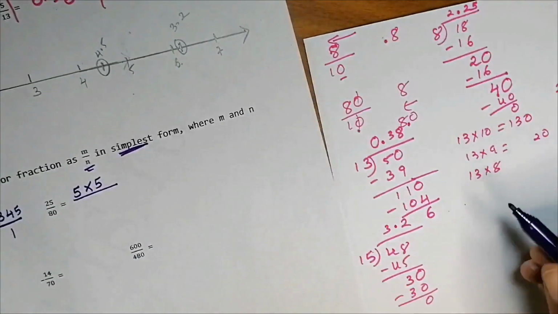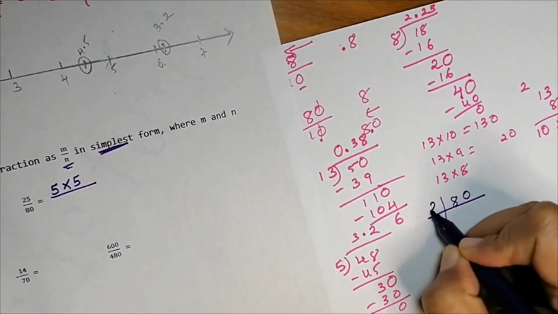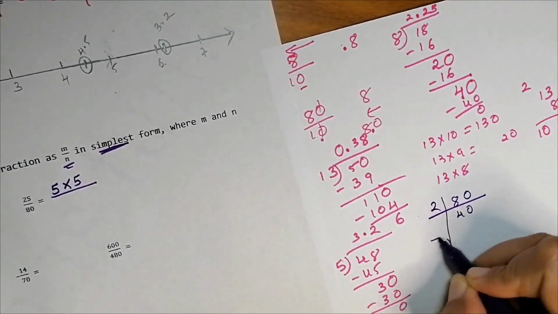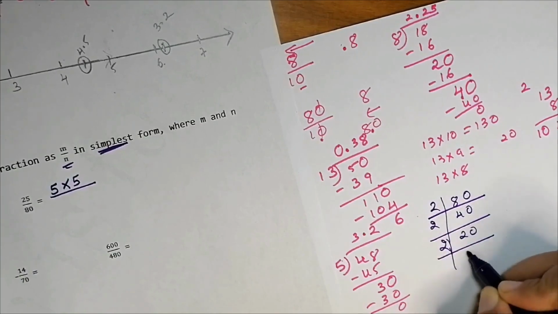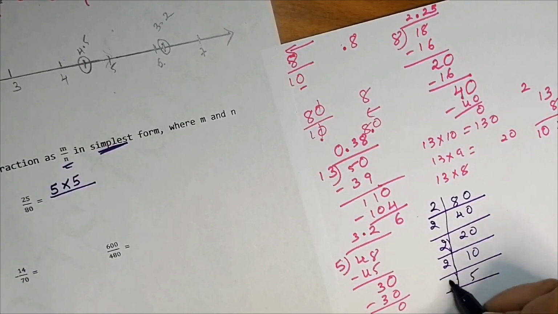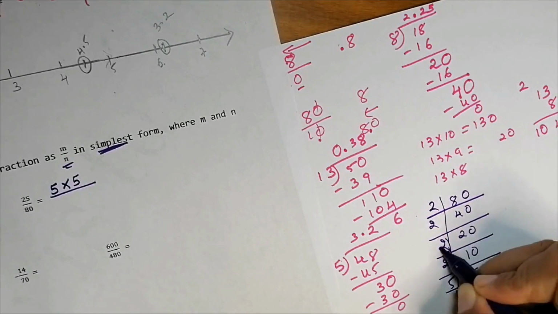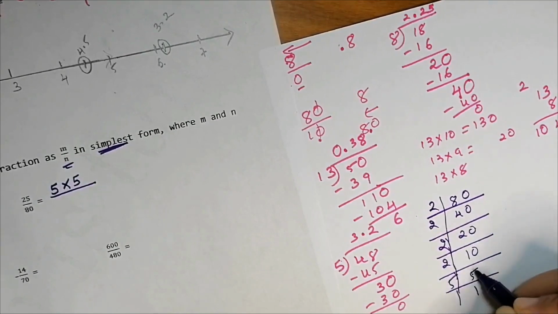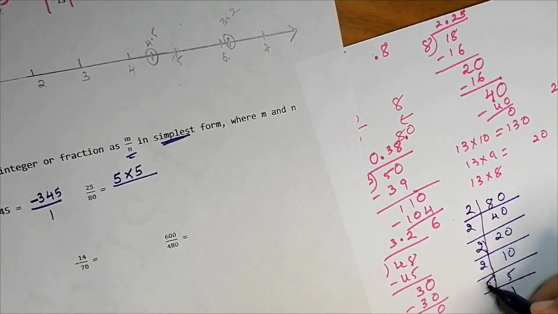Let me show it to you here. 80, 2, 40, 2, 20, 2. You know what I'm doing, right? Dividing. 2, 5, 5, 1, right? 2 times 40, 80, 2 times 20, 40, 2 times 10, 20, 2 times 5, 10, 5 times 1, 5. So the factors would be 2 times 2 times 2, all of this.